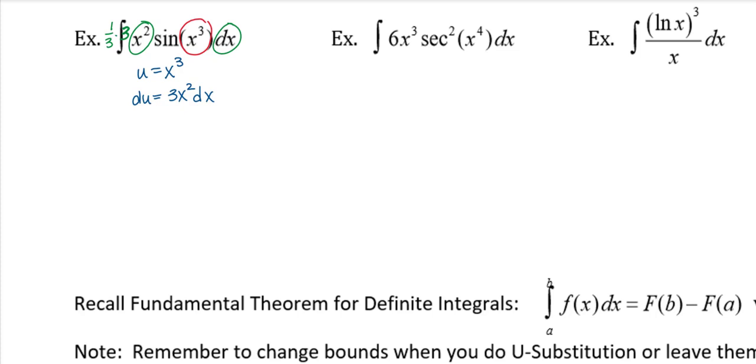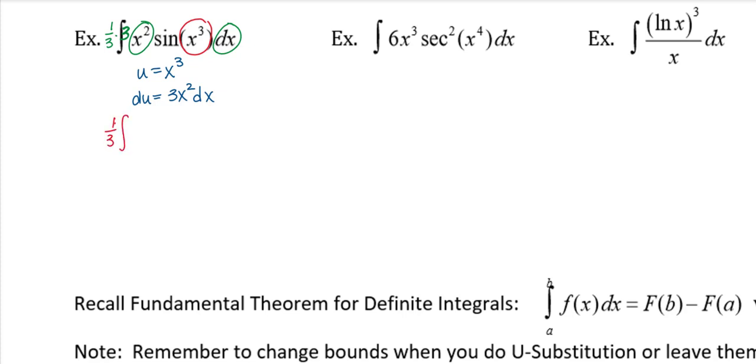Again, I only have one term here, so I can pull the 1/3 out in front of the whole antiderivative. If you're integrating term by term, then that 1/3 only goes in front of the term that you multiplied by 3. So now what I have is 1/3 antiderivative.